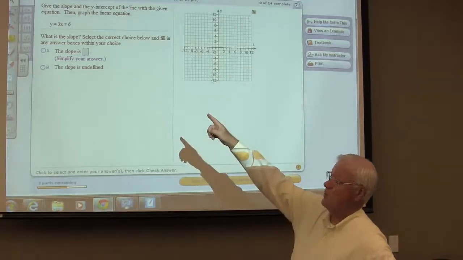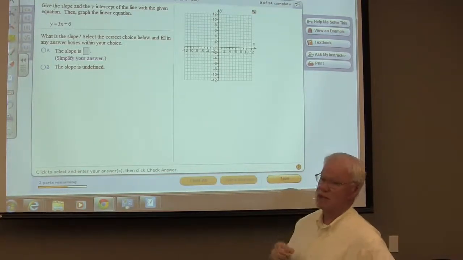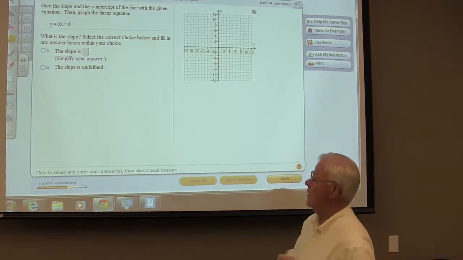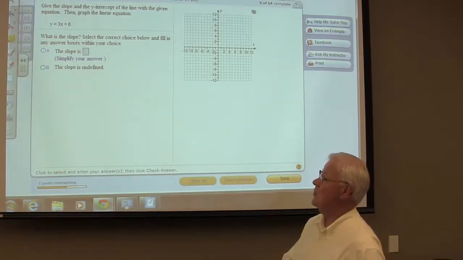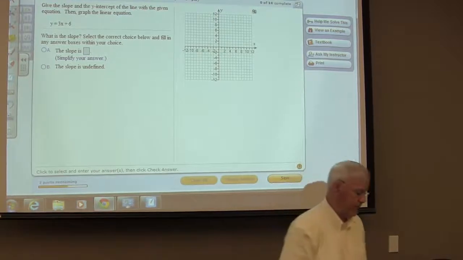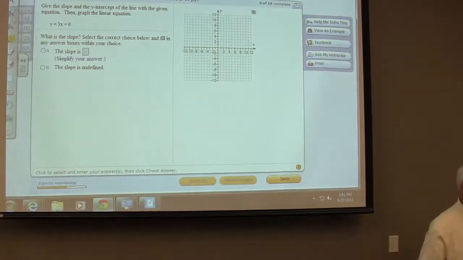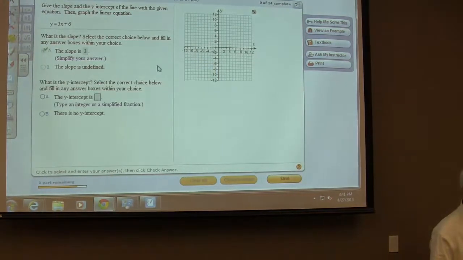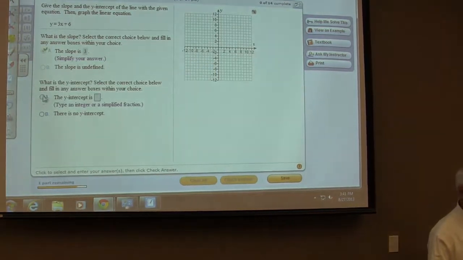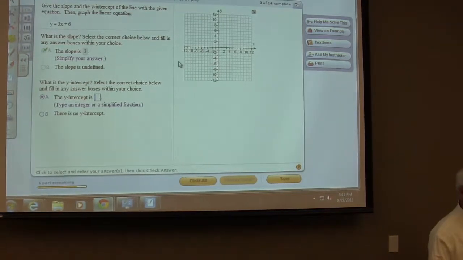That means that the slope is 3 and the y-intercept is 6. So we already have starting points here. So the first question is, what's the slope? The slope is 3. What's the y-intercept? Well, the y-intercept is the 6.